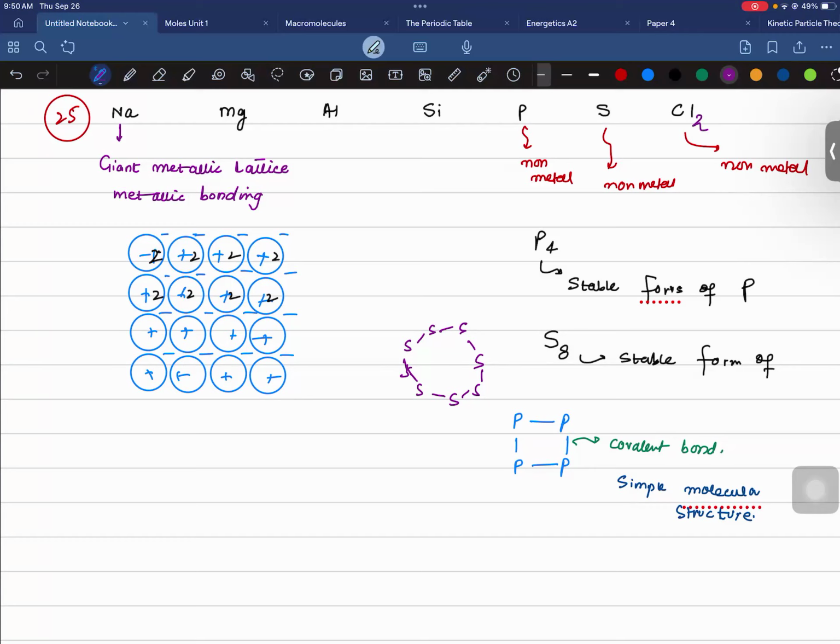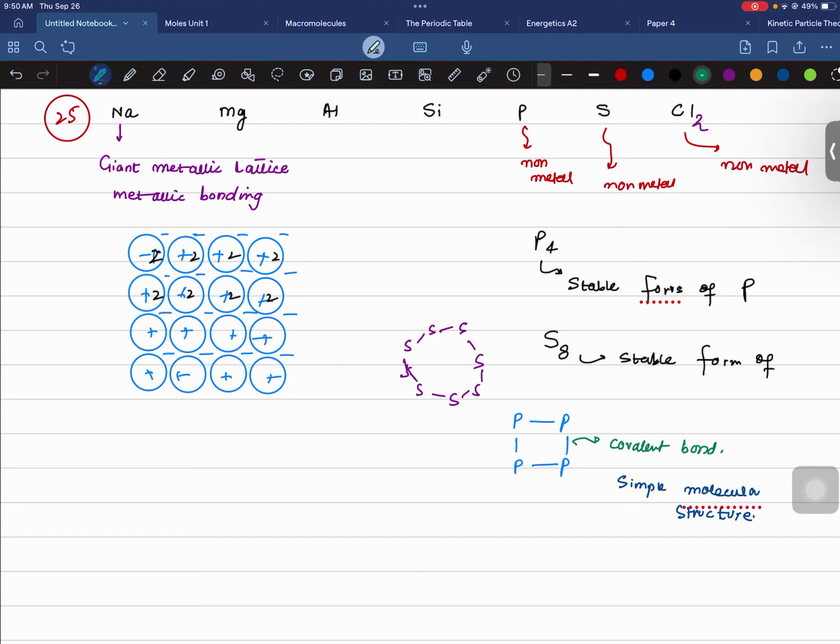This is a halogen, in group 7. So will it just be two of them then? Yes, in group 7 they are all diatomic. Exactly, so F2, Cl2, Br2, I2, At2, they all are diatomic, right? And this also has a simple molecular structure.